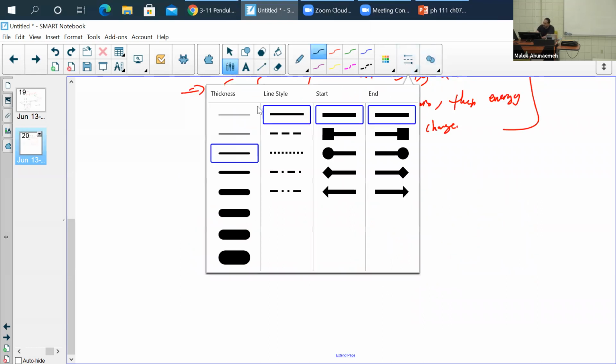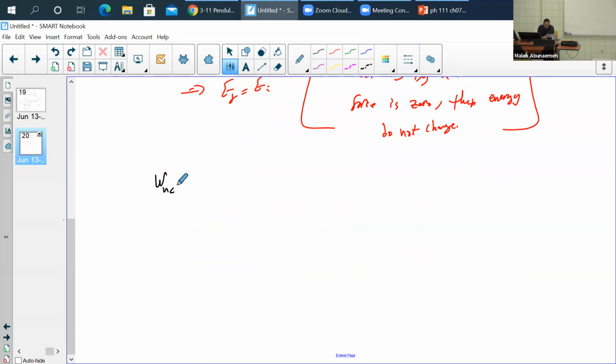And again, let me write that over here. Your work for the non-conservative, which is your E final minus your initial, opening it up, is your kinetic plus potential, mgh final minus the initial terms.